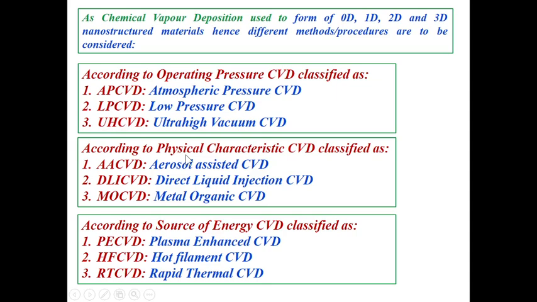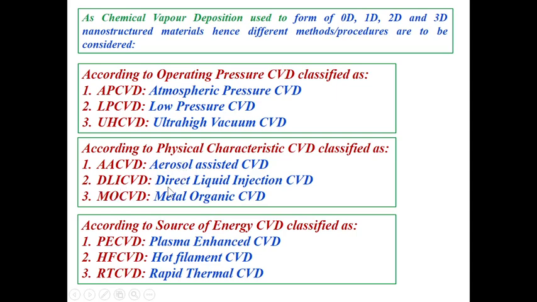According to physical characteristic, CVD is classified as AACVD, aerosol assisted CVD. Here we use some gel-like reactants, pass them through the gas nozzle, and put them inside the gas chamber.